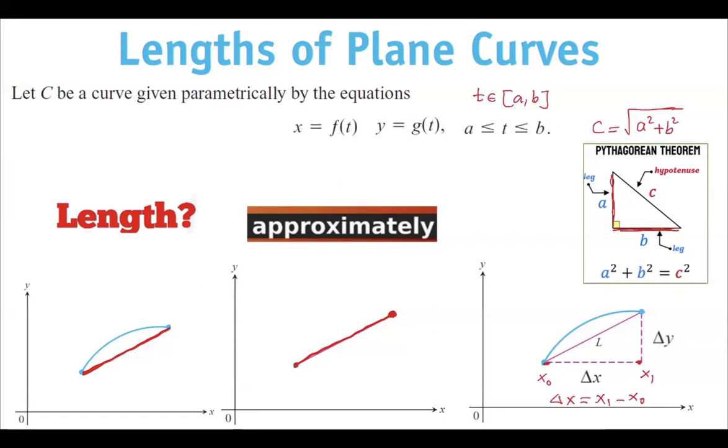With the same argument, you can find delta y, which is y sub 1 minus y sub 0, the difference between the maximum y value and the minimum y value. This helps us to calculate the length L using the Pythagorean theorem.